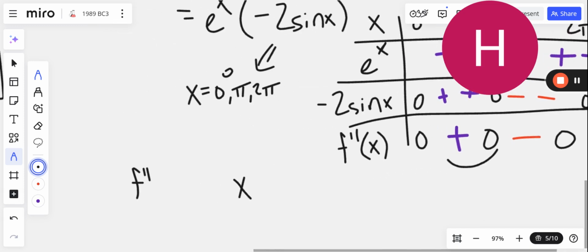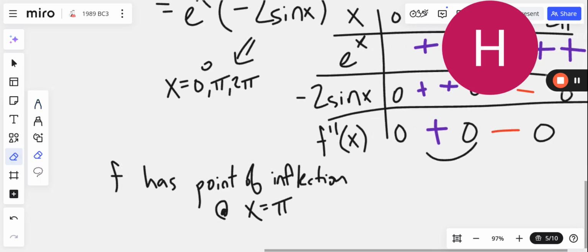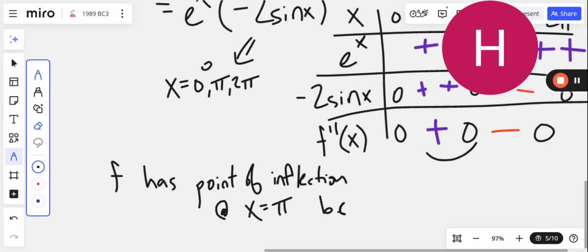Let's see. F double prime has a point of inflection at x equals pi. Oh, whoa. Sorry. F has a point of inflection at x equals pi because f double prime changes sign there.